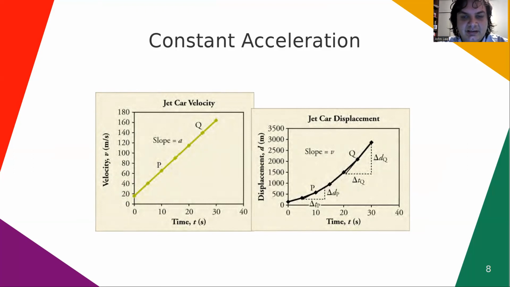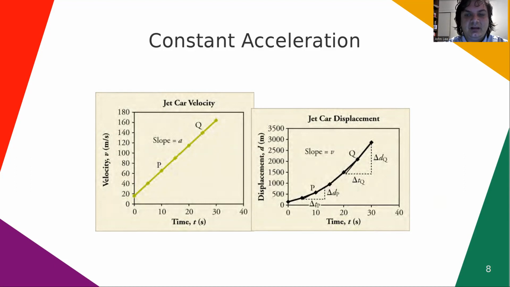And you see that the change in distance over change in time at point P is significantly smaller than the change in distance over change in time at point Q, because those values give you, or approximate, the slope at that point, which is going to tell you the velocity at that point, because the velocity is the change in displacement over change in time.